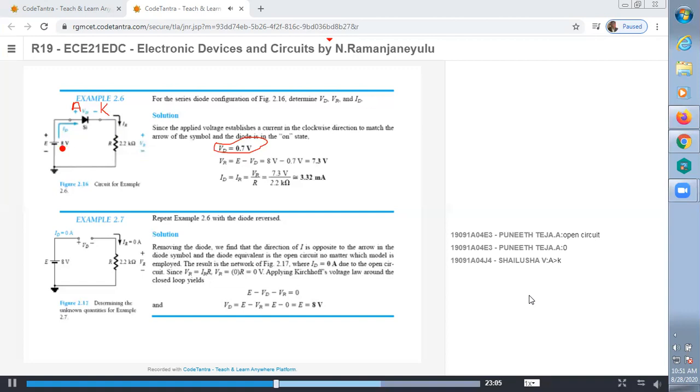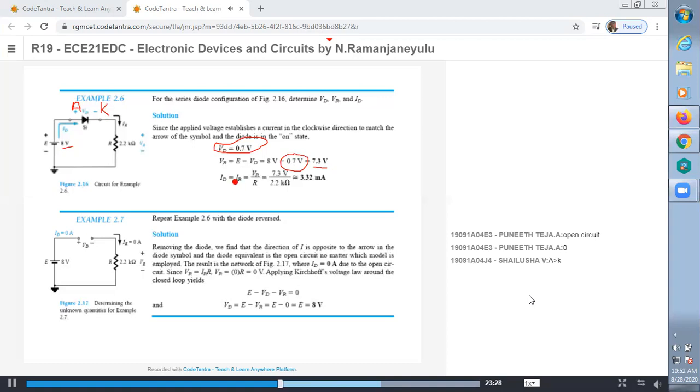What is the input here? Input is 8 volts. Here what is VR? VR is equal to 7.3, almost the total input voltage appears at the load in this case. Remember, why? Because the diode offers only 0.7 volt opposition. Remaining everything appears at the output voltage.